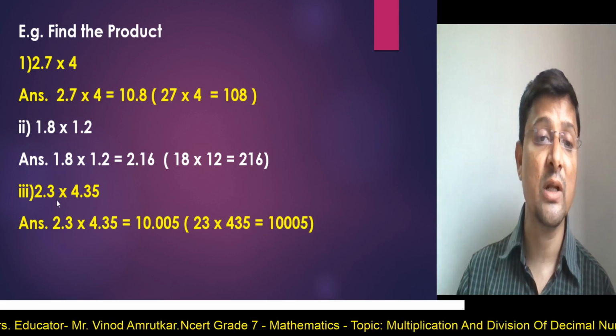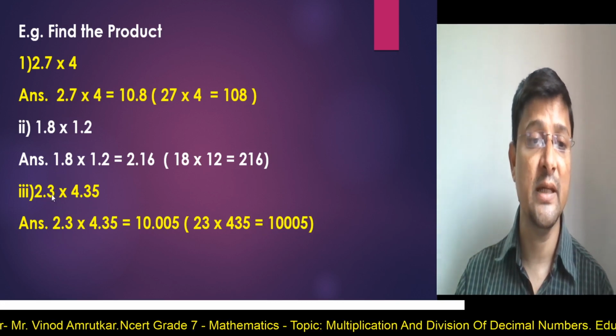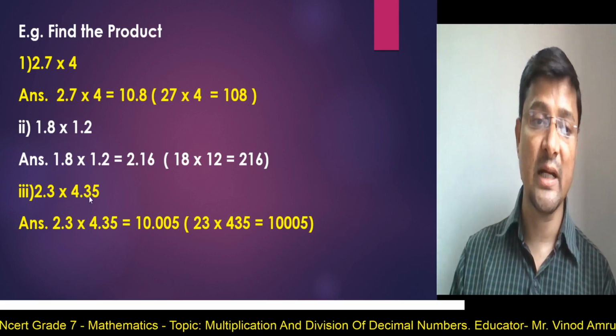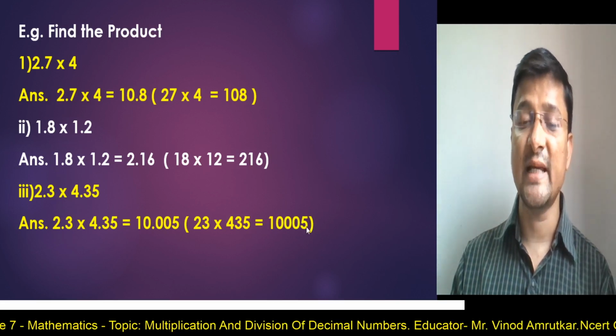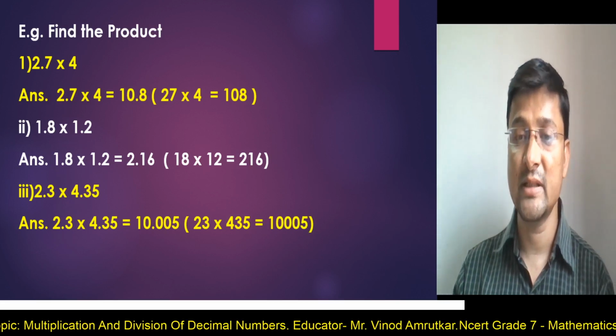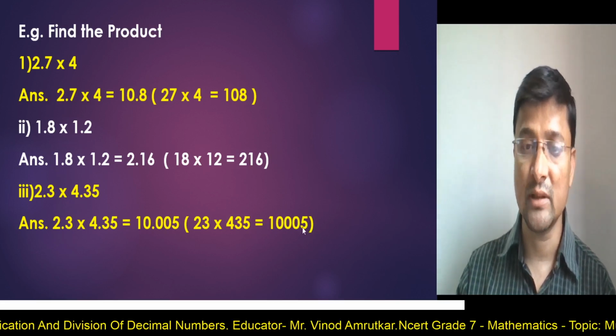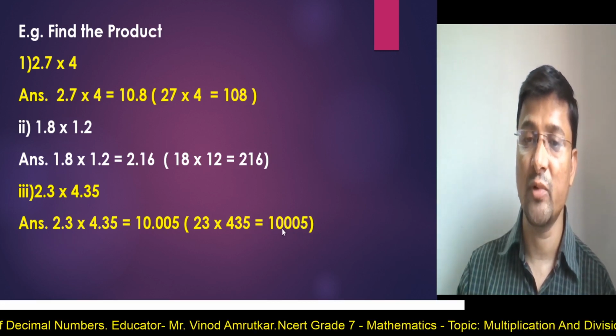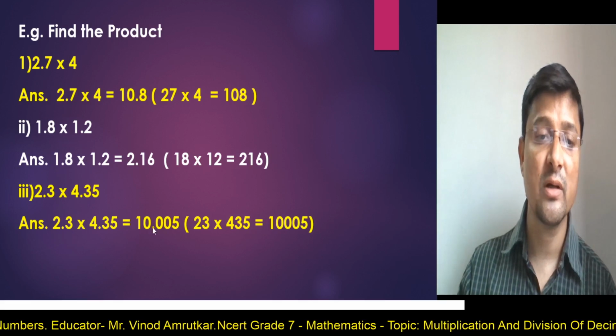Okay, now the total number of digits is 3. See here, here is 1 and here is 2. Okay, so 1 plus 2, that means 3. So now we put the decimal point just 3 digits before. That means here from the right side, count the 3 digits, 5, 0, 0, and now here we put the decimal point. So the answer is what?